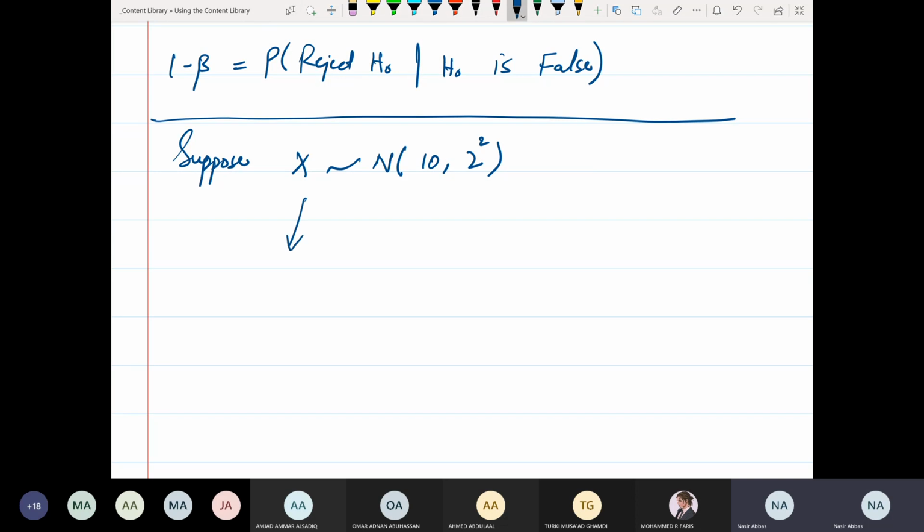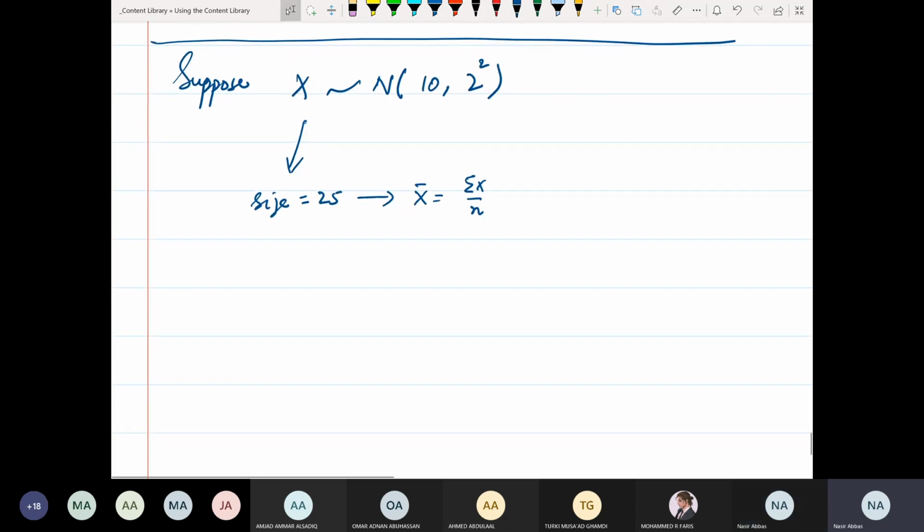From here, I pick a sample of size, let us say, 25, and I'll calculate X bar, assuming sigma to be known.